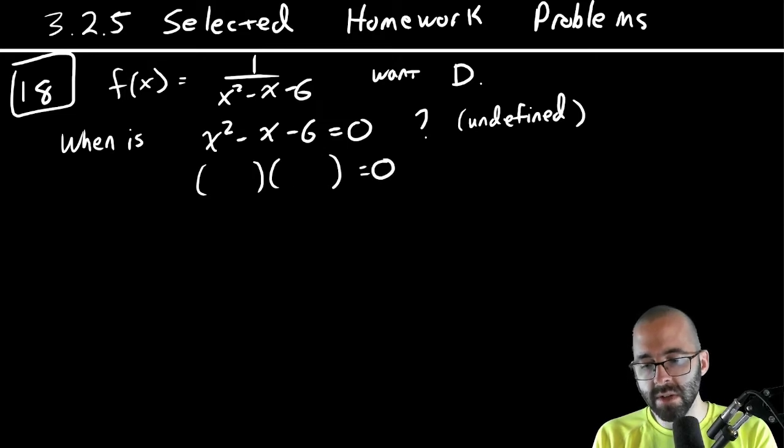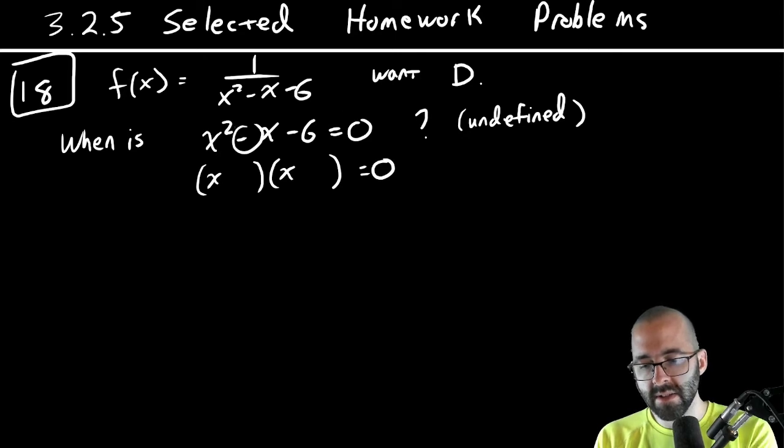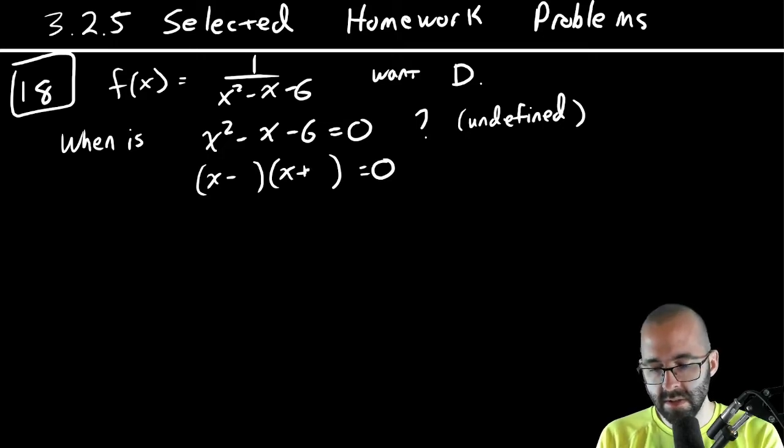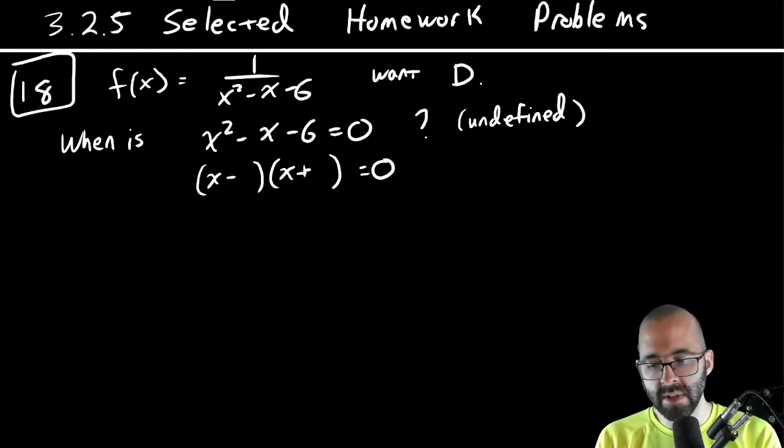It's a trinomial. Leading coefficient is 1. There's no number next to the x squared. If we can factor it, it'll look like this. This tells us the first sign is a negative, and the second sign has to be opposite the first sign. So we need something that multiplies to 6, whose difference is this coefficient of negative 1.